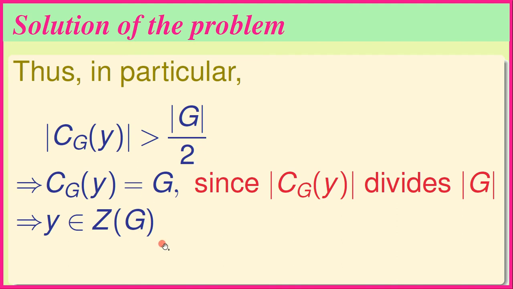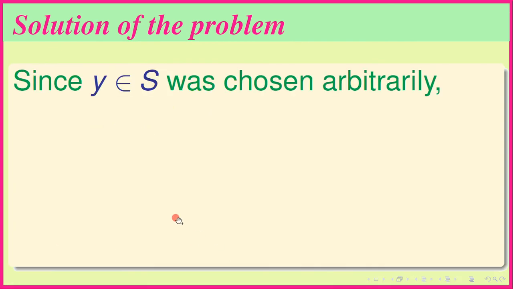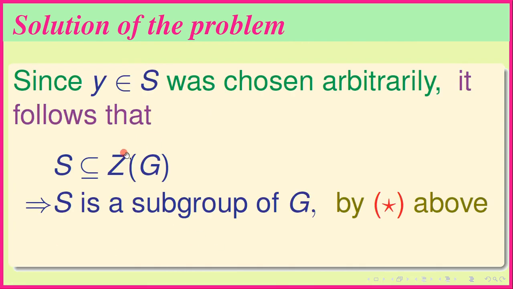That's what is written here, and this means y is in the center of G. So y was chosen arbitrarily from S, and we have shown that y is in center of G. So therefore S is a subset of center of G. Therefore every element of S commutes with each other, because ZG consists of all those elements of G which commute with every element of G. So elements of S also commute with every element of G. In particular, elements of S commute with each other, and therefore by star S is a subgroup of G.